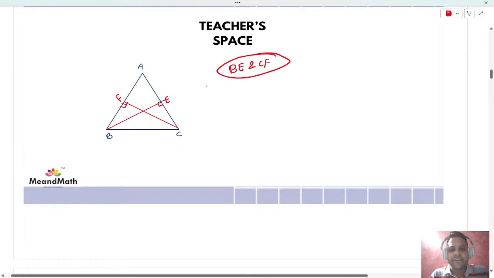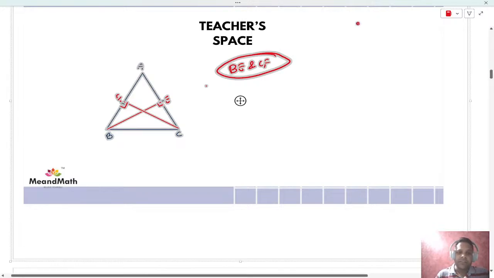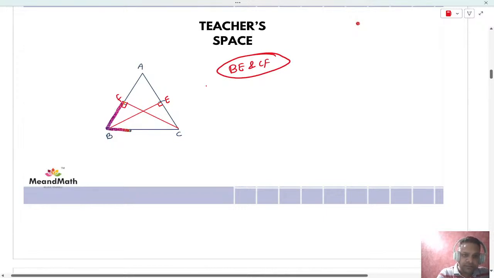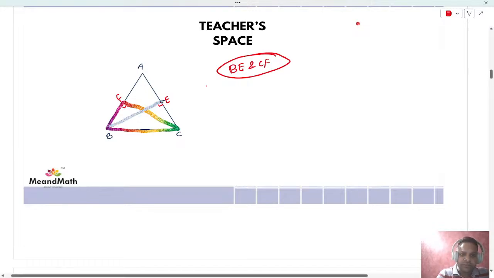BE is greater than CF, BE is equal to CF, or BE is less than CF. So we will use the property of congruent triangles here. First we will check this triangle, then we will check this triangle.